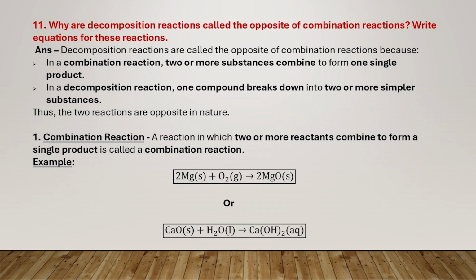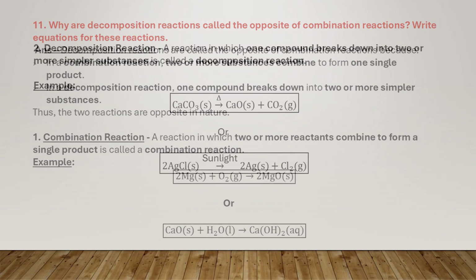1. Combination reaction: a reaction in which two or more reactants combine to form a single product is called a combination reaction. Example: 2Mg(s) + O2(g) → 2MgO(s), or CaO(s) + H2O(l) → Ca(OH)2(aq). 2.